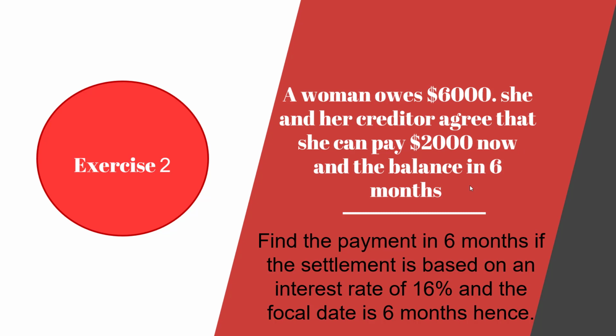Note that we have one old obligation, $6,000. The woman and her creditor agree that she can pay $2,000 now and the balance in 6 months.